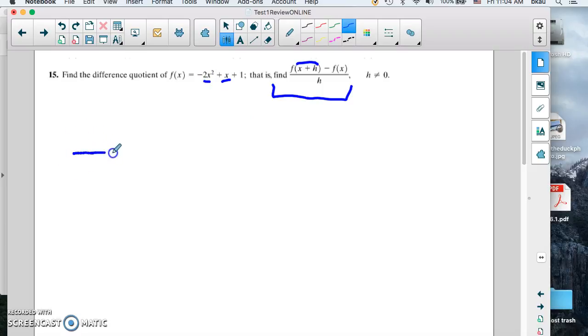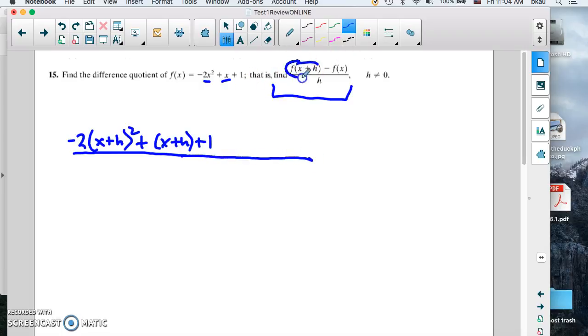So our difference quotient starts off with f of x plus h, which is -2 times (x plus h) squared, plus (x plus h), plus 1, because we're plugging in x plus h for every x.